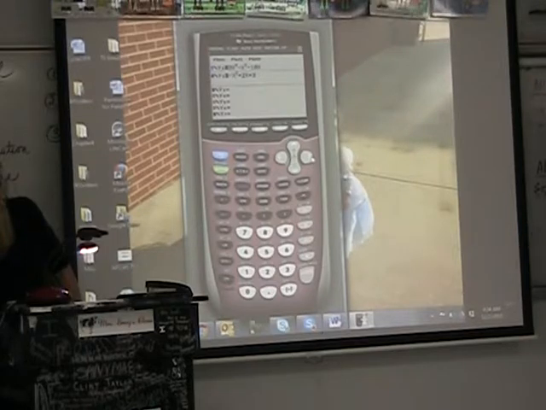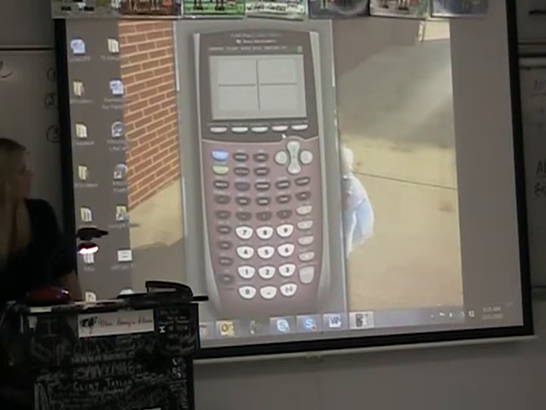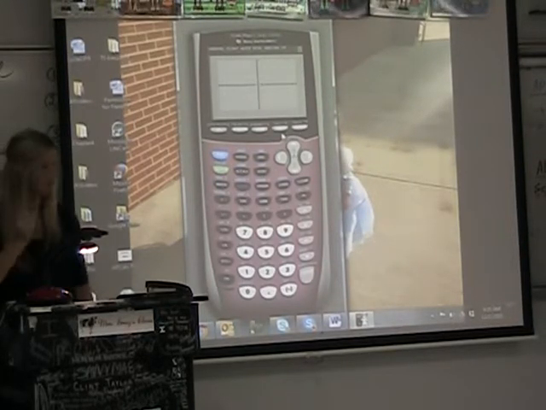And then in y sub 2, it looks like I just need to delete the plus 3. Okay, let's graph it. I usually start out in the standard window.